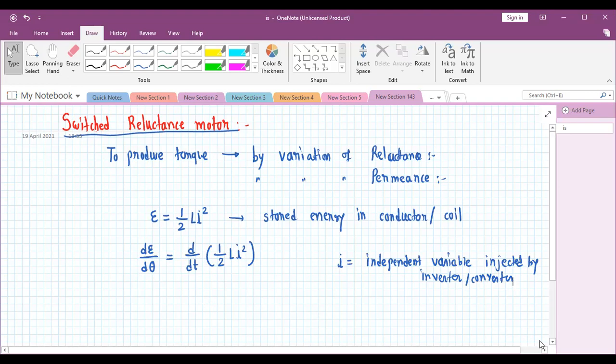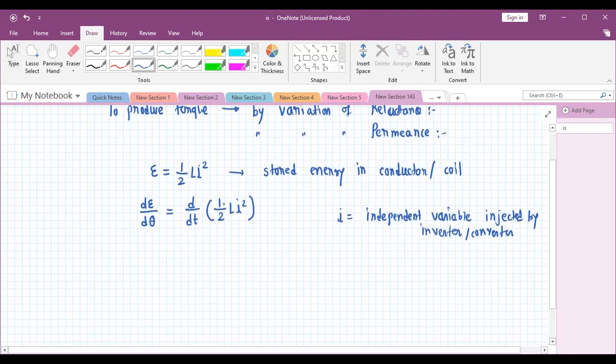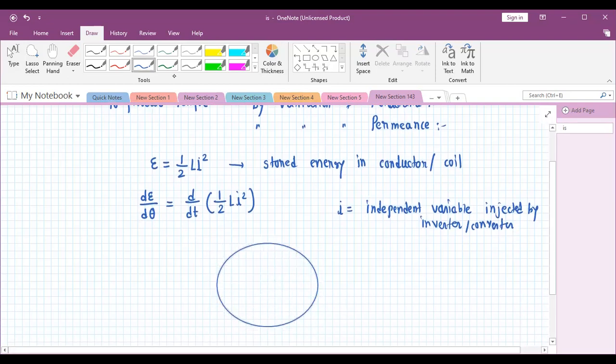Just a second, I will show you the meaning of theta. Suppose this is your rotor and this is your stator, and say for example a two-pole rotor is there. Here we are using different poles, so for example, I have used a 6-pole structure.